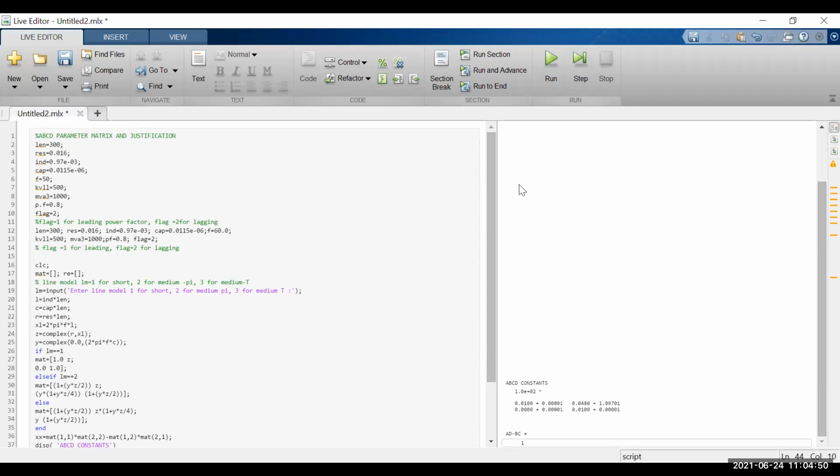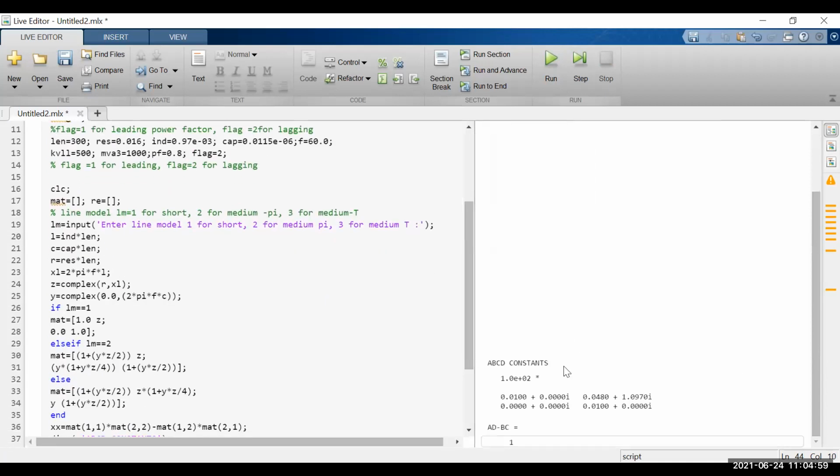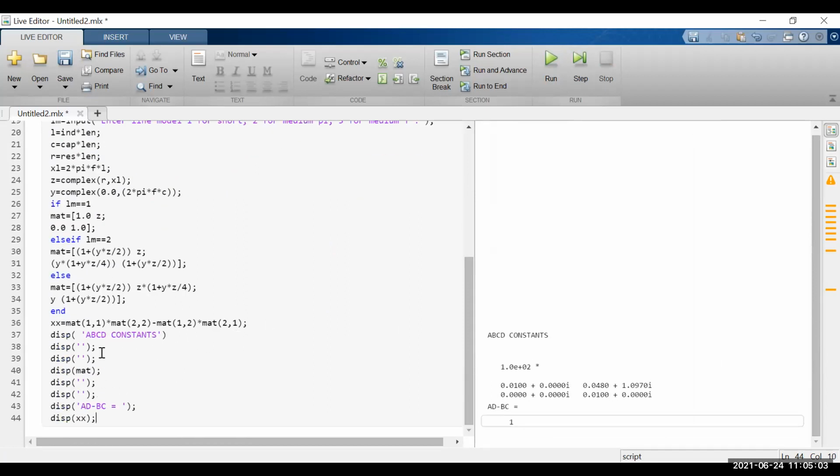Yeah, it's coming. See over here, this is your ABCD parameter. Okay, we haven't gone on to finding your other terminals, only ABCD. We'll delete this segment.